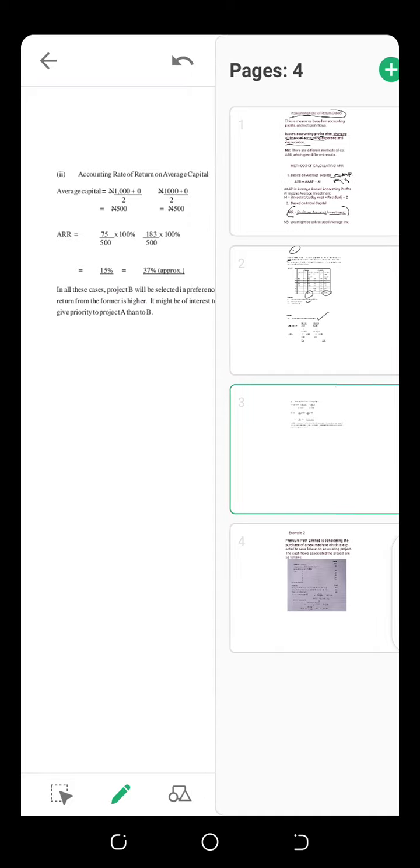Don't forget we said initial investment plus residual. Is there any residual in the question? Obviously no residual in this question, so you go there and put 0. Don't forget we say the average capital is the average investment.